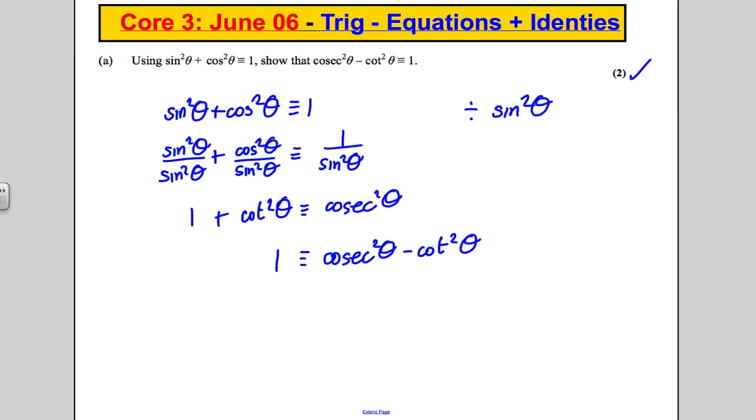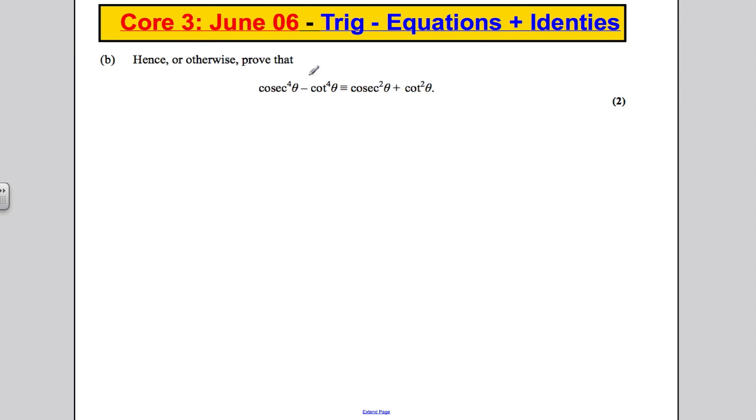Okay, part B says hence or otherwise prove the following. Prove that cosec to the power of 4 theta subtract cot to the power of 4 theta is equal to this. Well, hopefully you might notice this is the difference of two squares. It is as follows.